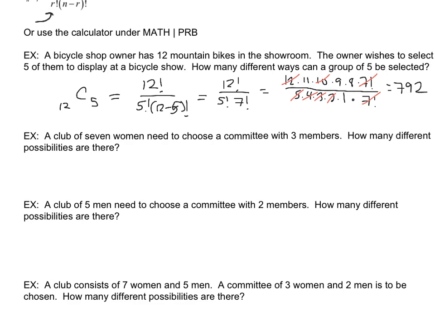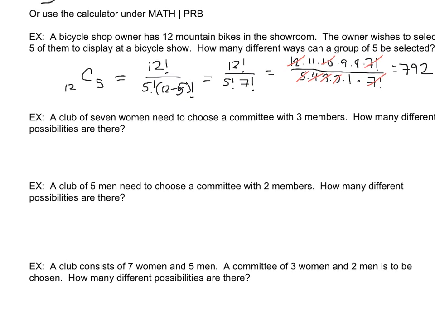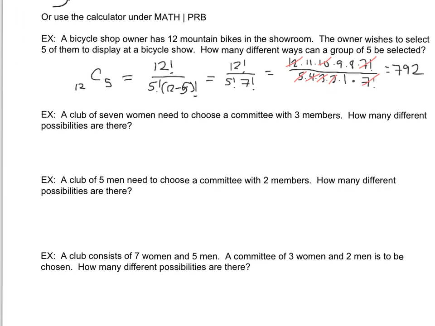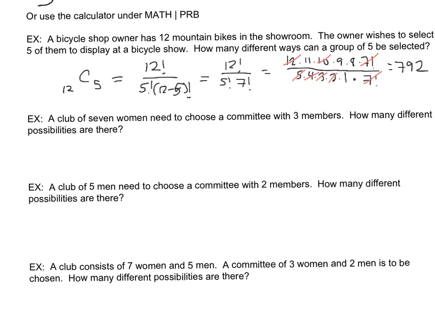So in this second example, it says, a club of 7 women need to choose a committee with 3 members. How many different possibilities are there? Well, there are 7 women, and I don't really care about the order of this group, so it's going to be 7 choose 3. So that is going to be 7 factorial over 3 factorial times 4 factorial.